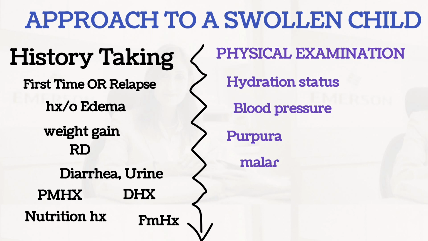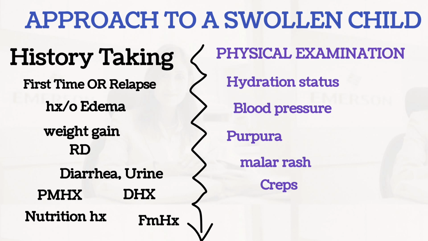Then you check for any malar rash, which is the butterfly rash in systemic lupus, or dermatosis. Then you also check for any crepitations on auscultation, which suggests extravascular fluid from overload or hypoalbuminemia.